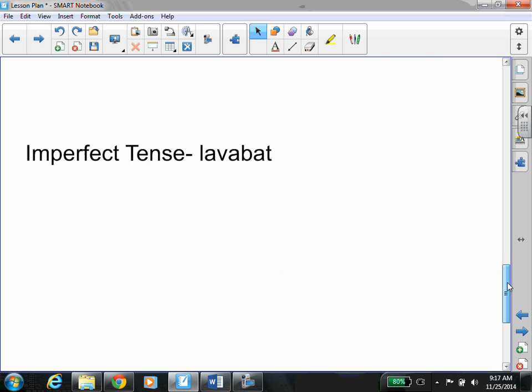Imperfect tense. There are multiple ways to translate the imperfect tense. We'll start off with the ones that we're most aware of. We can use he was washing. Okay? We can say the same thing in the imperfect tense by saying he kept.